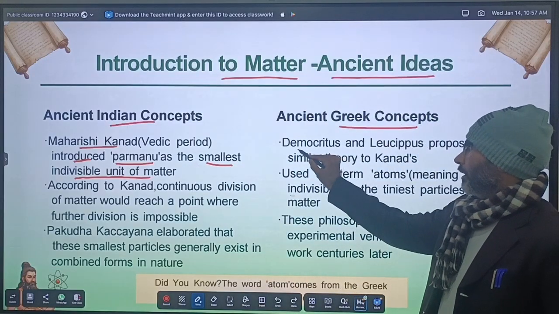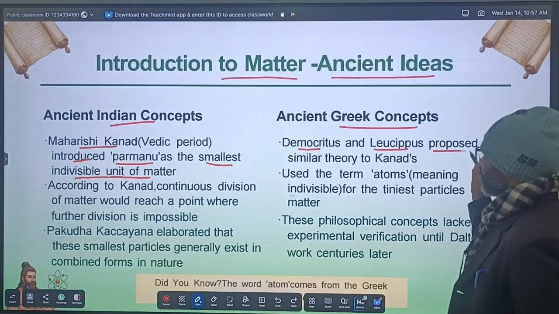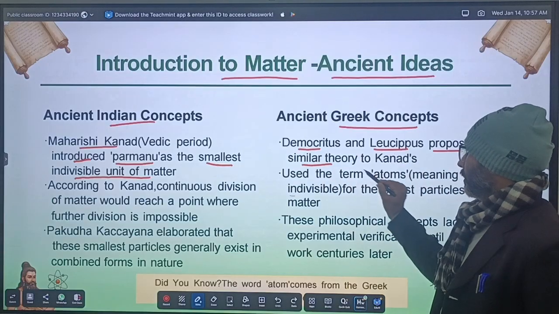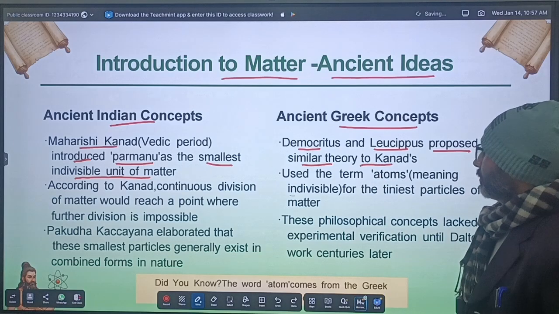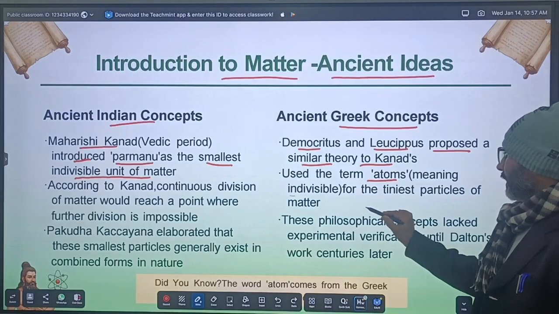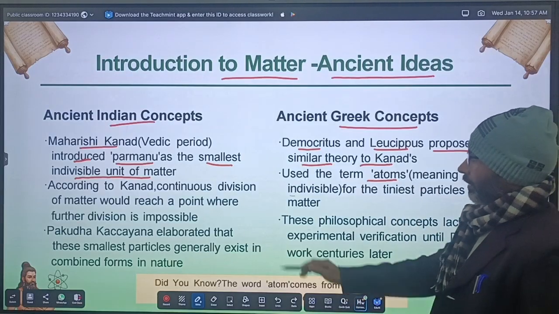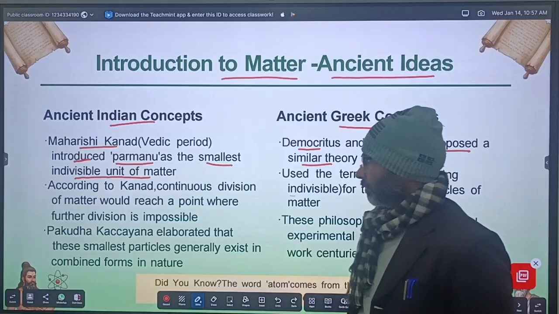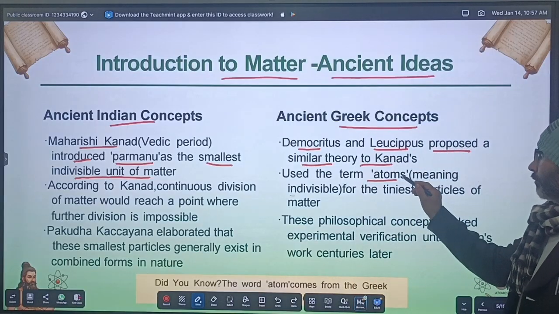At the same time, Democritus and Leucippus proposed a similar theory. They termed the smallest indivisible particle the atom. Here the name Parmanu was introduced, but there the name introduced was atom.